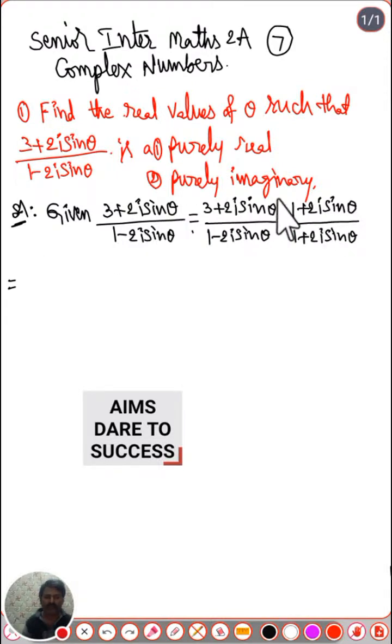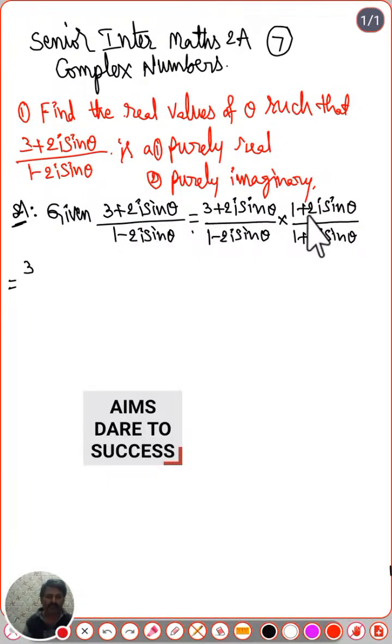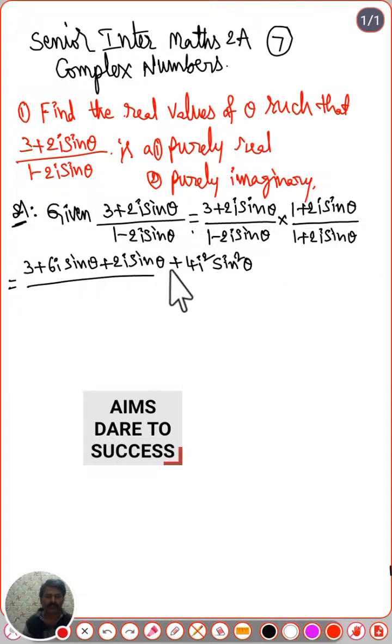Multiply: 3 ones are 3, 3 into 2i sin theta is 6i sin theta. Next, 2i sin theta into 1 is 2i sin theta, plus 2 twos are 4, i into i square, sin theta into sin theta, sin square theta.